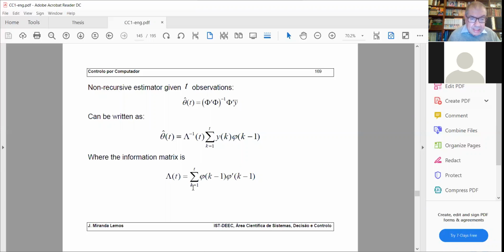But when you start summing these matrices, you will get, hopefully, if your data is correct, a matrix which is invertible. Okay, because you will have different values provided that your data excites the system.